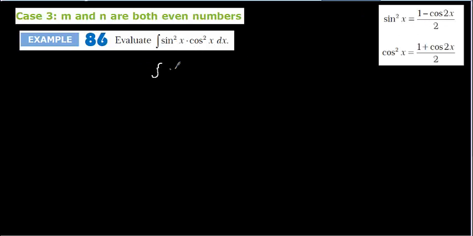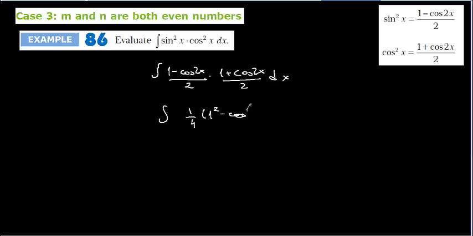So we have 1 minus cosine 2x over 2 times 1 plus cosine 2x over 2 dx. This 2 and this 2, if we multiply, give 1 over 4. 1 minus cosine times 1 plus cosine is 1 squared minus cosine squared 2x.